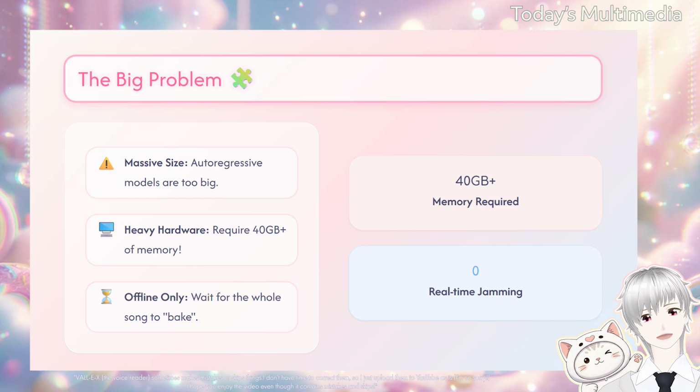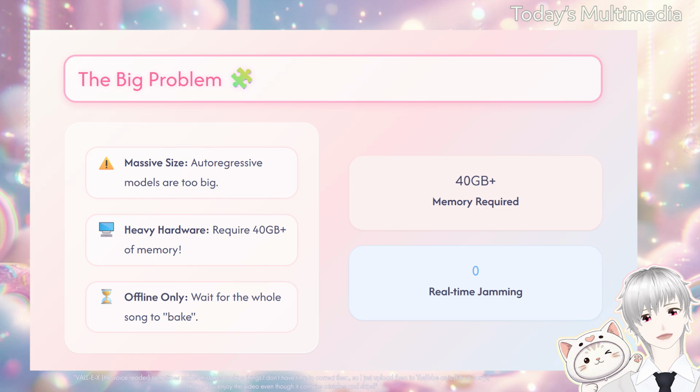Imagine you are a musician, or just someone who loves making music. Lately, artificial intelligence has gotten really good at generating whole songs, which is super cool, but there is a catch.